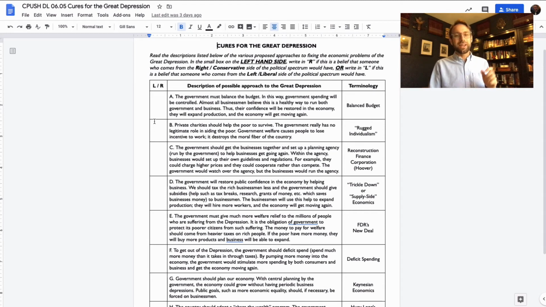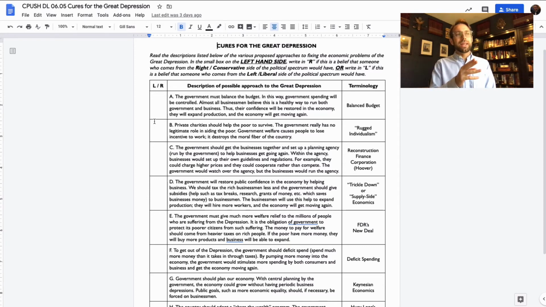So essentially you're deciding, is this more of a liberal policy, more of a conservative policy? Is it right there in the middle, kind of moderate, or does it belong way on one end of the spectrum? So this is applying the ideas with the specific history that was going on in this time period.